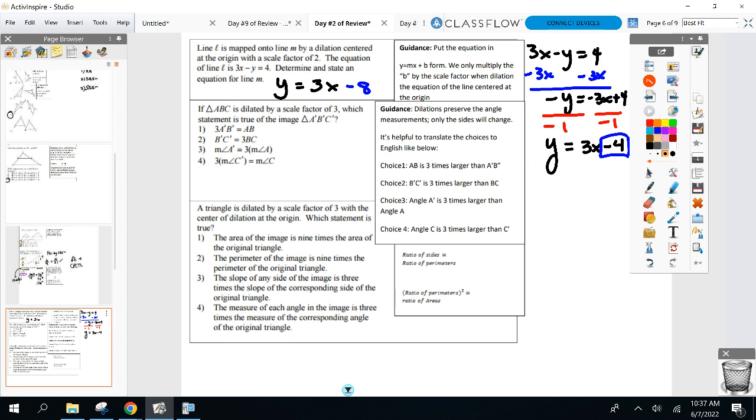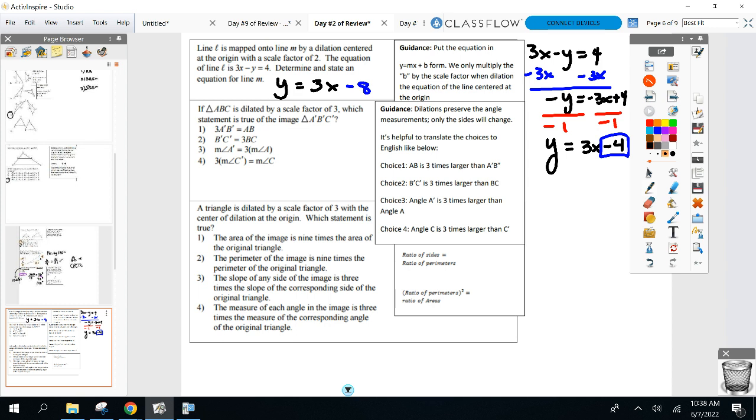All right, next. I'm going to take a triangle and dilate it by 3 now. When you dilate a triangle, do the angles change at all? No. So guess which 2 answers I'm eliminating right away? Sorry, 3 and 4.